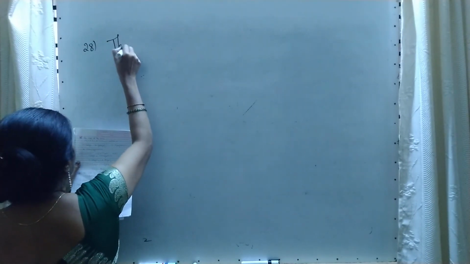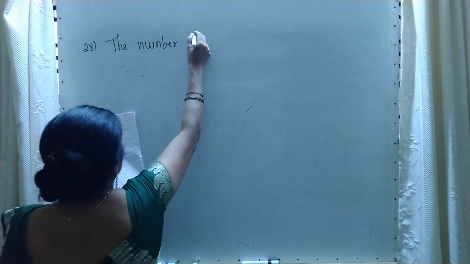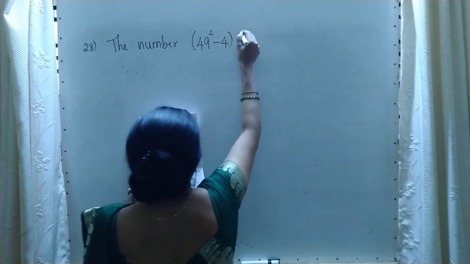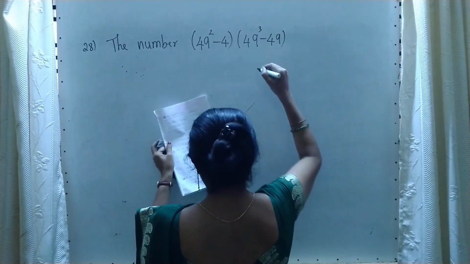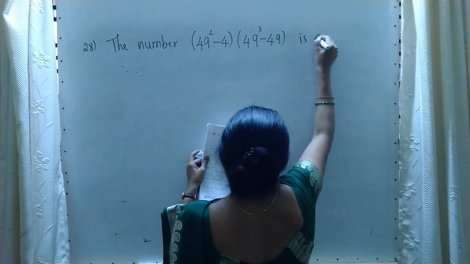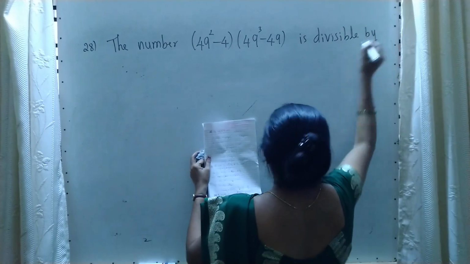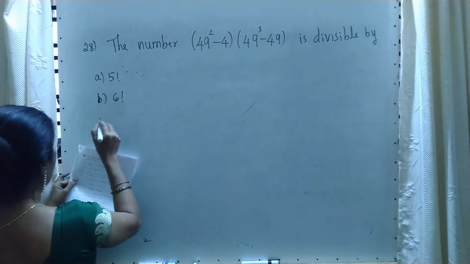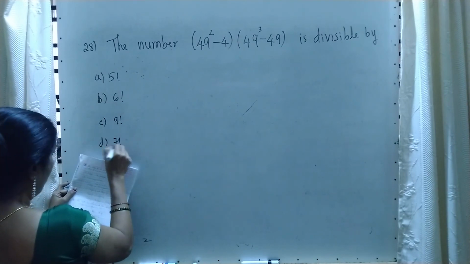The number 49 square minus 4 and 49 cube minus 49 is divisible by, first one 5 factorial, second one 6 factorial, next 9 factorial and 7 factorial.